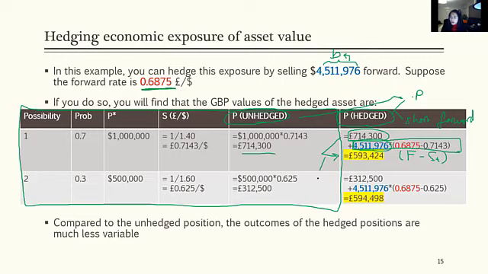For the second scenario, I'm going to have exactly the same situation: the unhedged position here plus the forward contract. In total, I work out that with the hedge position, my pound value would be around 594,000. If you compare these two numbers, they are quite close.